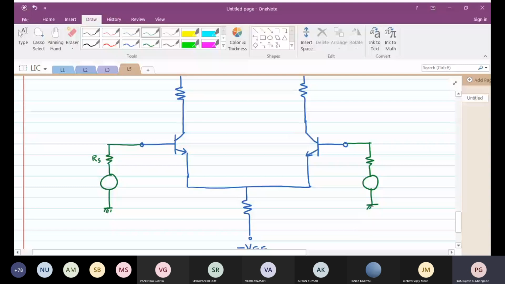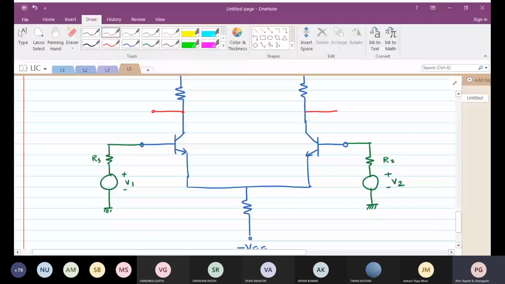This is also RS. Here the input is V1. Here it is V2. Then we have the outputs, like this.